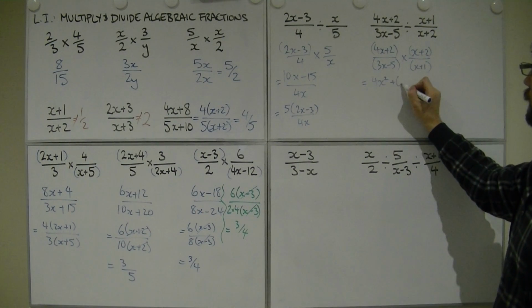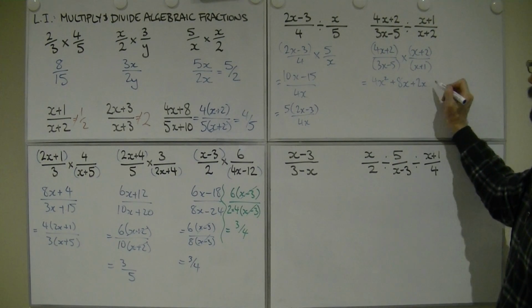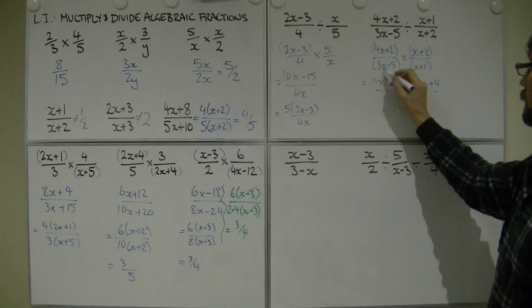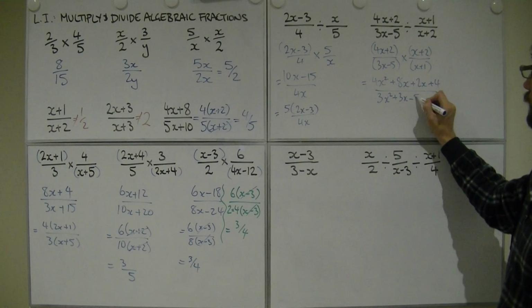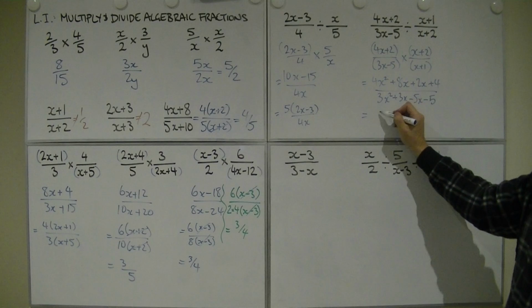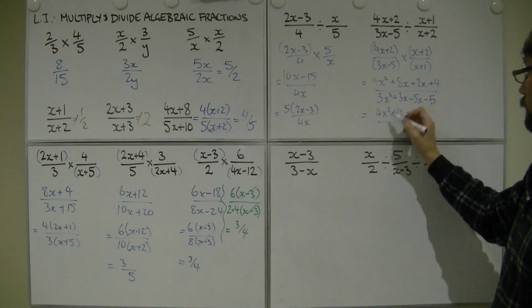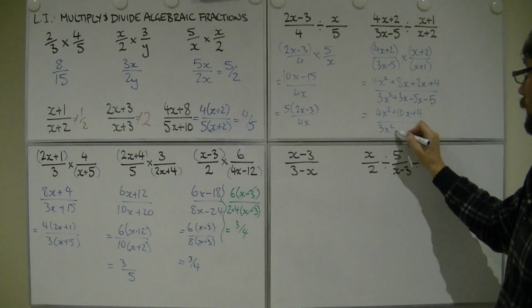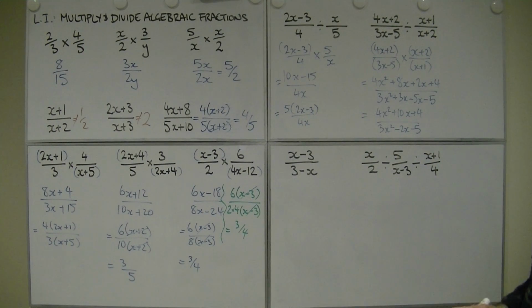So we've got 8x plus another 2x plus 4 over 3x squared plus 3x minus 5x minus 5. Cool. And if we simplify this a bit, plus 10x plus 4 all over 3x squared minus 2x minus 5. Cool. And from there it looks like, oh no, well, we've got a whole bunch of pluses and minuses. There's no way this thing will simplify nicely.